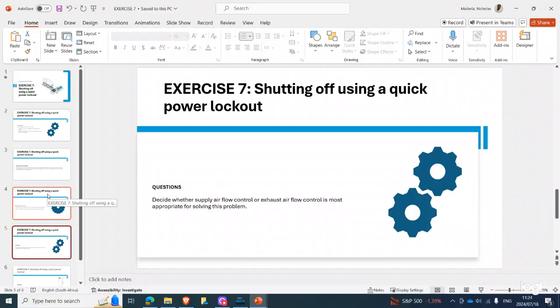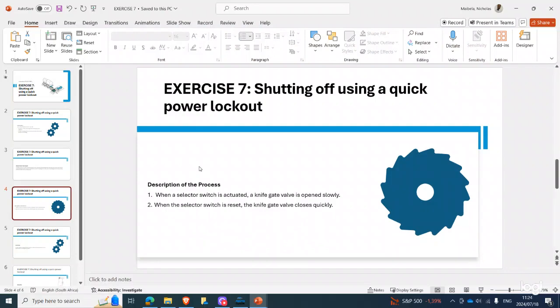So now the main question of this exercise is for you to decide whether the supply airflow control or the exhaust flow control, like which side of the cylinder, you can use to solve this problem, right? Which means we need to decide whether you need to limit the airflow on the supply side or on the exhaust side, right?